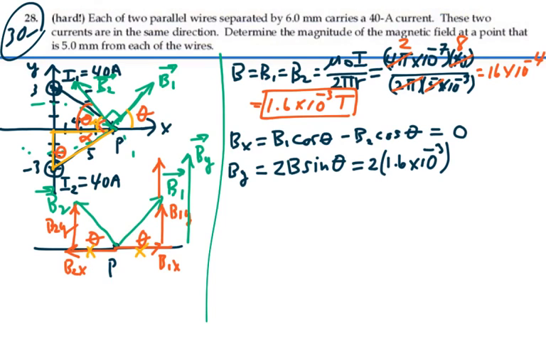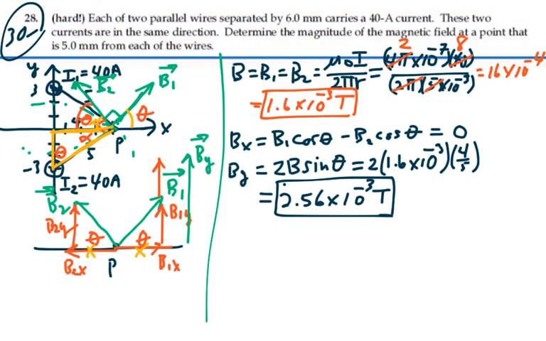Now if we look at our original yellow 3, 4, 5 triangle, the sine of theta is the opposite side over the hypotenuse, which would be 4/5. So the sine of theta is going to be 4/5, and that is equal to 2.56 times 10 to the minus 3 Tesla.